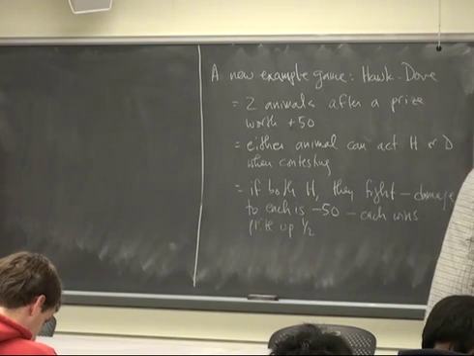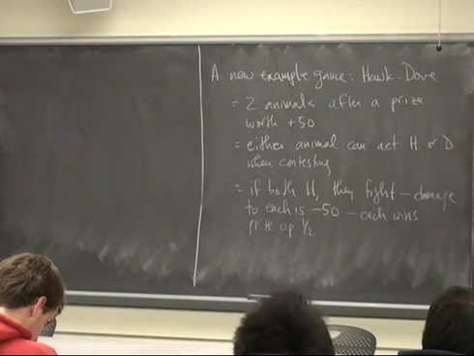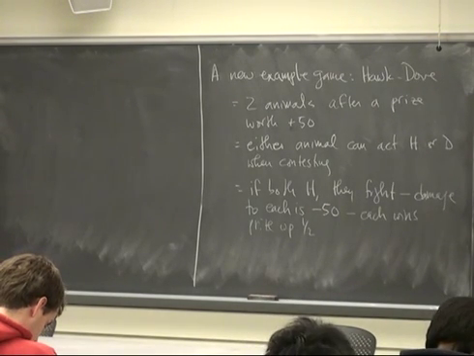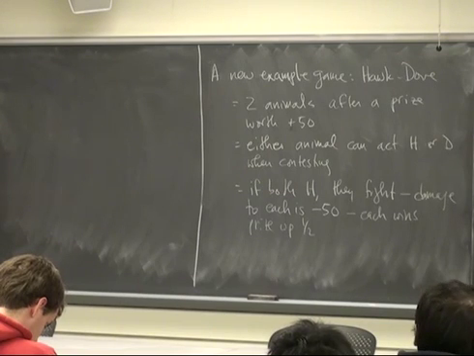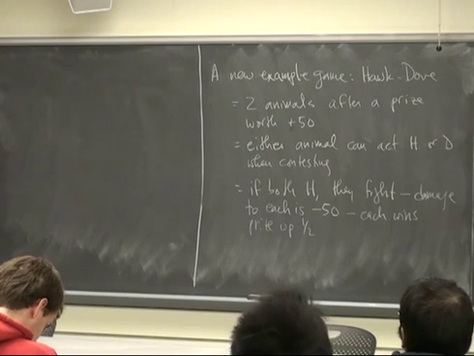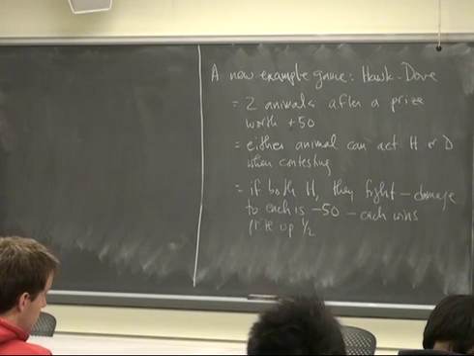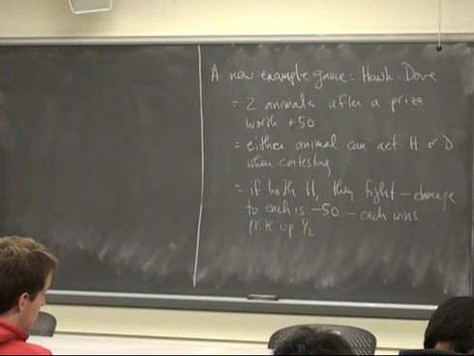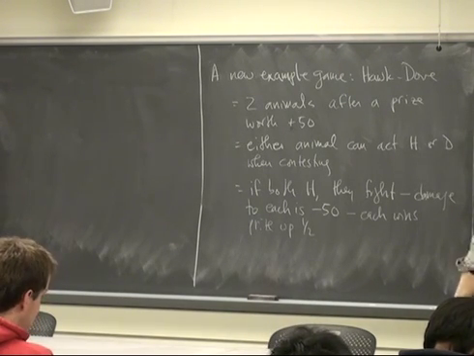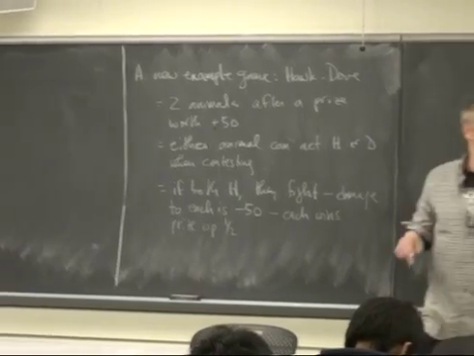If one of them acts H and one of them acts D, then the aggressive one, the H actor, makes off with the prize, and the D actor makes off with nothing. But nothing is better than minus 50.